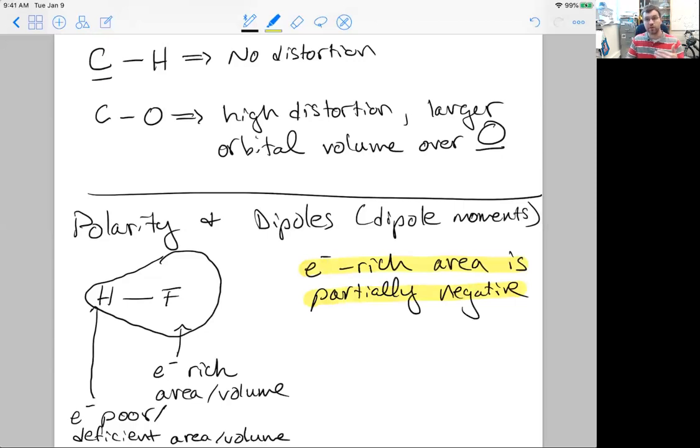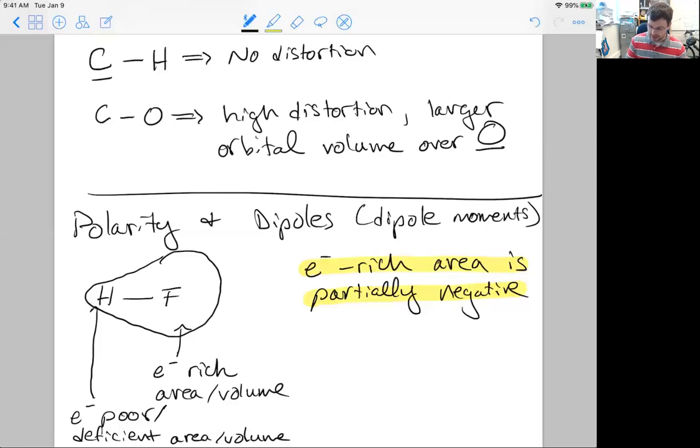Well, because there's a bigger area or volume of the orbital over the fluorine atom. The electrons are more likely to exist there. Those negatively charged subatomic particles, which are electrons, are going to create a slightly negative charge. Partial is the word we want to use. Partial negative charge over the fluorine.